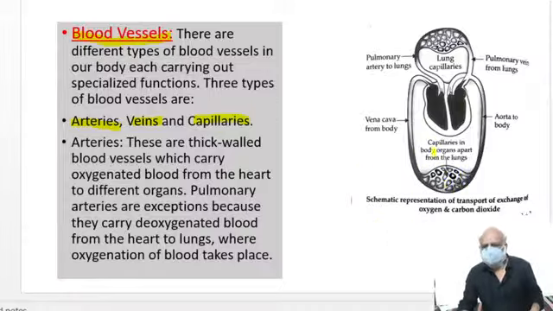Arteries are thick-walled blood vessels. See here, this is main artery, aorta.